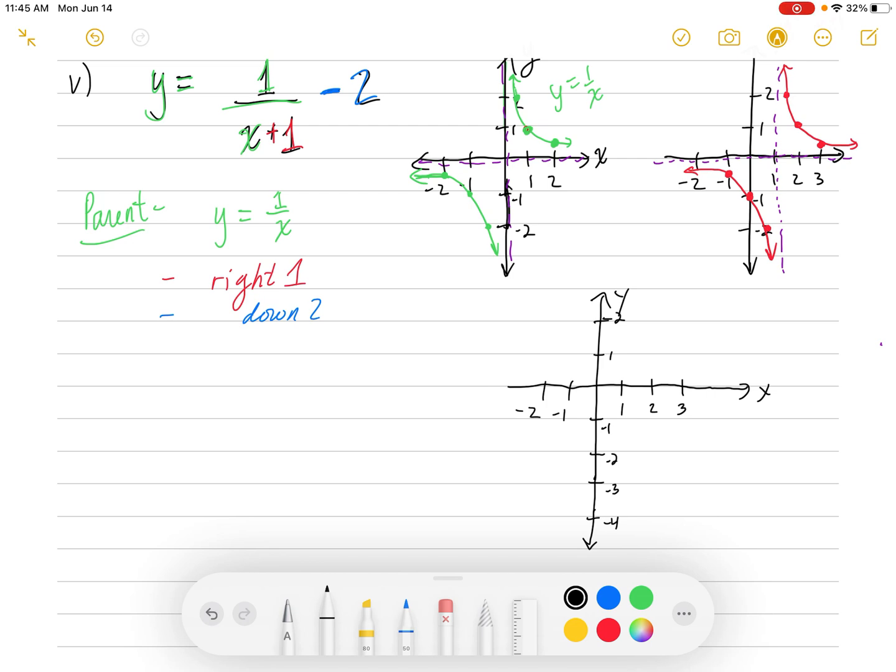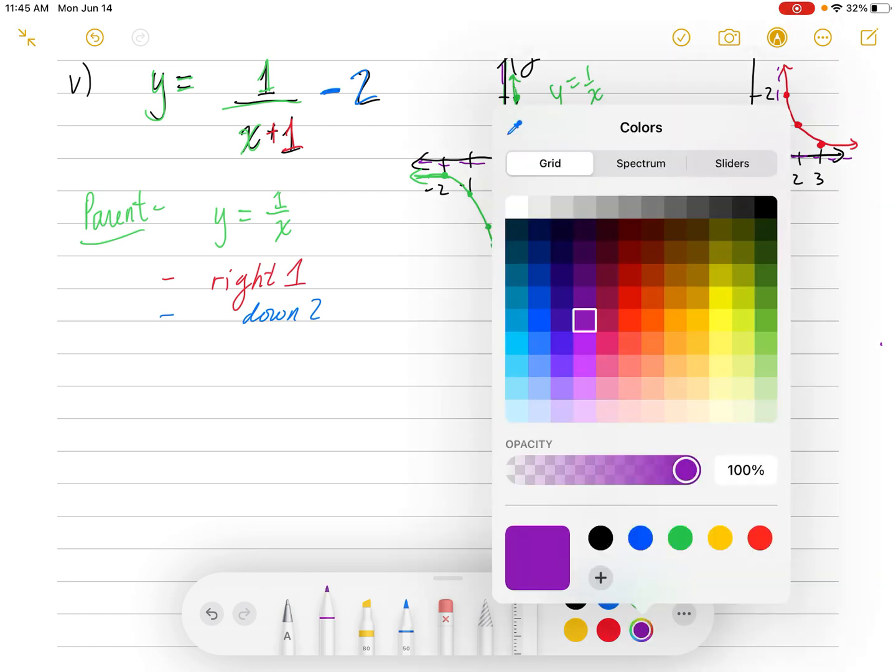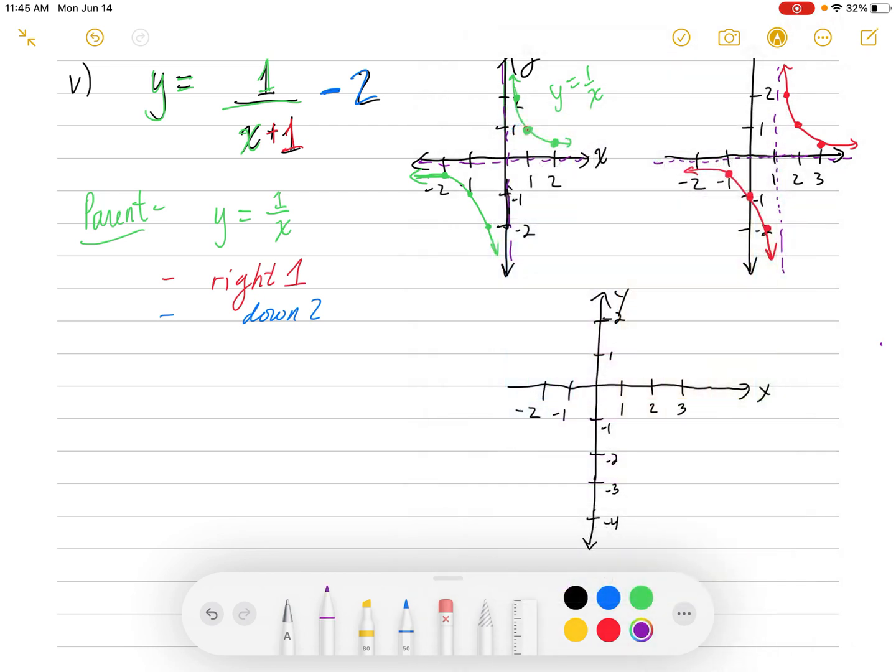So basically we're going to take our red graph, y equals 1 over x plus 1, and we're going to shift everything down 2 units. So the first thing to do is to shift actually the asymptotes. So the vertical asymptote, if you shift it down, it doesn't change, right? It's still here at this vertical line, x equals 1. But the horizontal asymptote, which was along the x-axis, moves down 2 units to y equals -2.